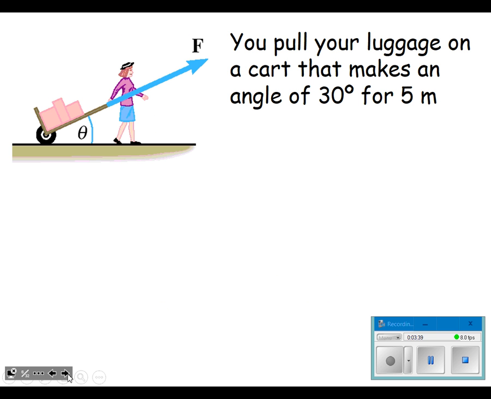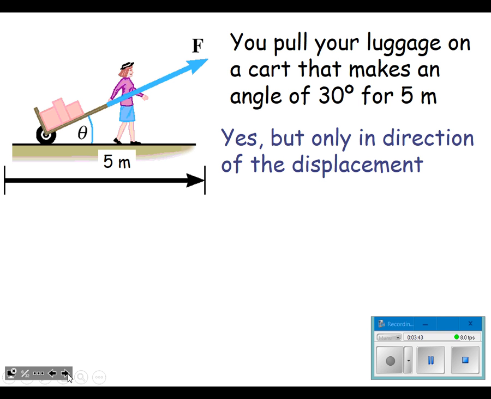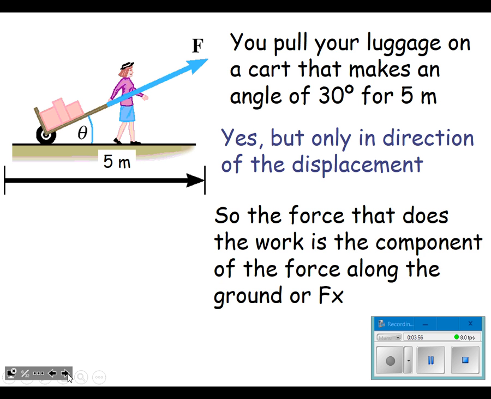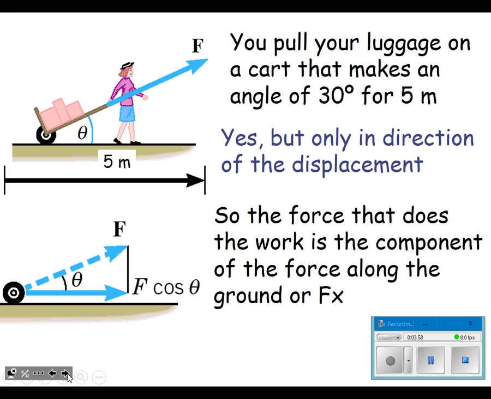You pull your luggage on a cart that makes an angle of 30 degrees for 5 meters. So it goes horizontally 5 meters, and the force has a component that's also horizontal. That would be our F of x. So yes, but it's only in the x plane. So the force that does the work is the component along the ground, which we could find by doing F cosine theta, or our F of x.